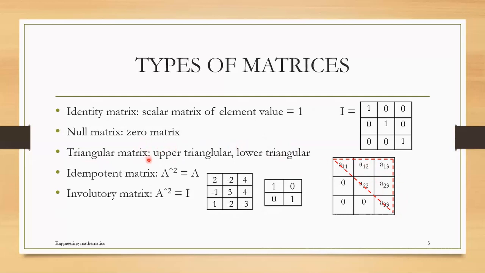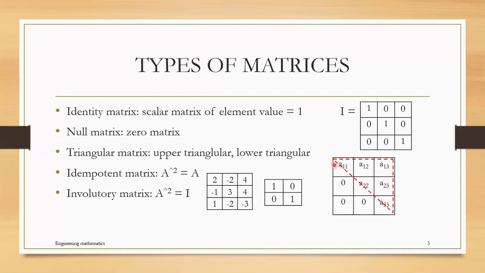For example, I have shown here the upper triangular matrix. Here the values below the leading diagonal are zero, and the values above the leading diagonal are present along with the leading diagonal values. So this will be called the upper triangular matrix.